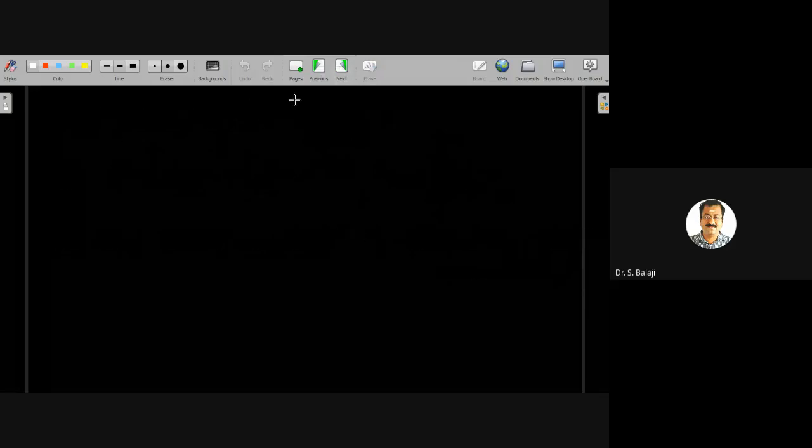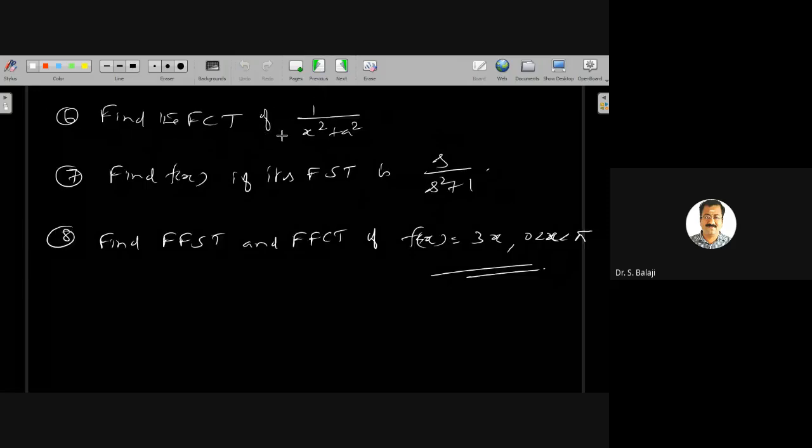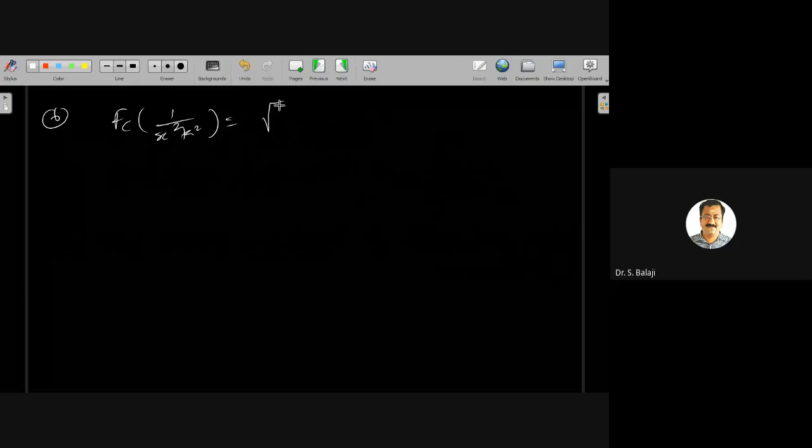Sixth problem: Fourier cosine transform of 1 by x square plus a square is root of 2 by pi integral 0 to infinity 1 by x square plus a square cos sx dx. The result will be a function of s, but evaluation of this integral is somewhat tedious.